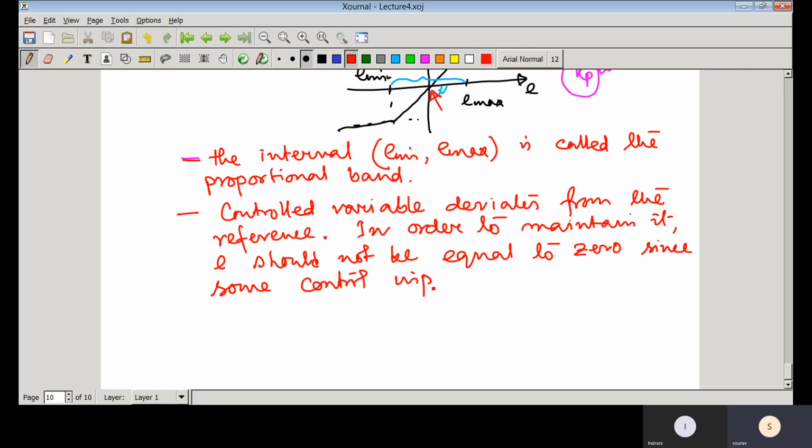Some control input is required, as I have just pointed out. So this is a big disadvantage of the proportional controller. This is the drawback of the proportional controller.